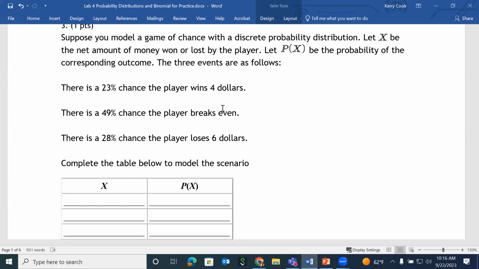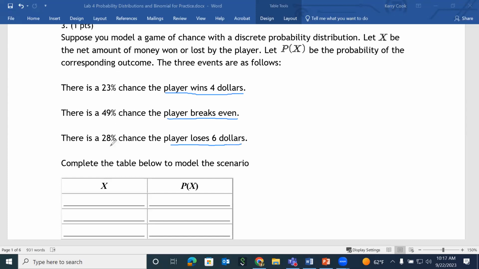It could be any kind of game of chance, even just the lottery. P of X represents the probability of each outcome. There are 3 possible events in this particular game: a player could win $4, they could break even, so they win $0, or they could lose $6.